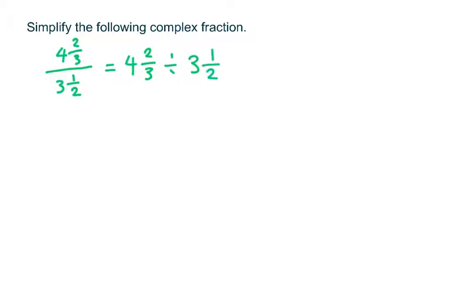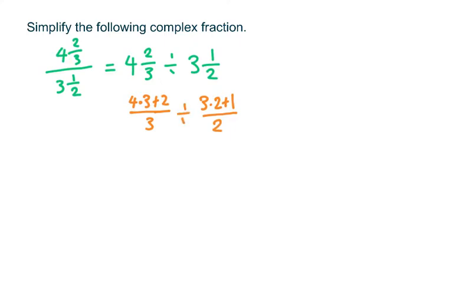And before you multiply by the reciprocal of the second number, you want to first convert these two mixed numbers as improper fractions. So the improper fraction of 4 2/3 is 4 times 3 plus 2 over 3. And the improper fraction for 3 1/2 would be 3 times 2 plus 1 over 2.